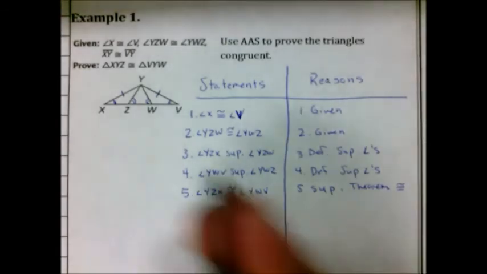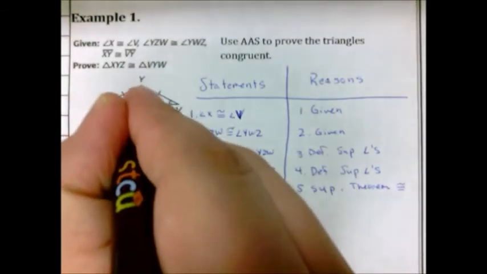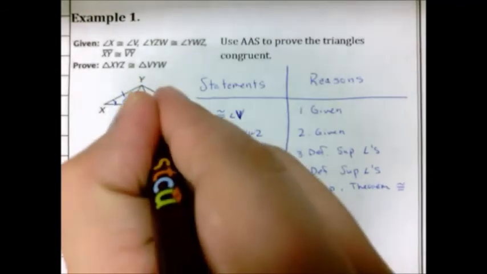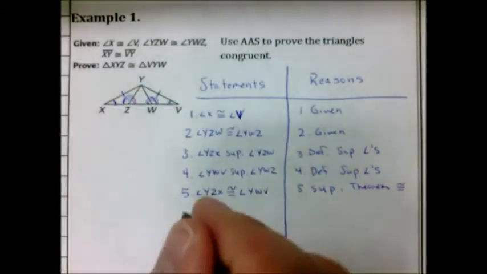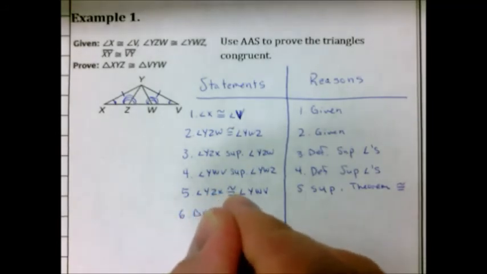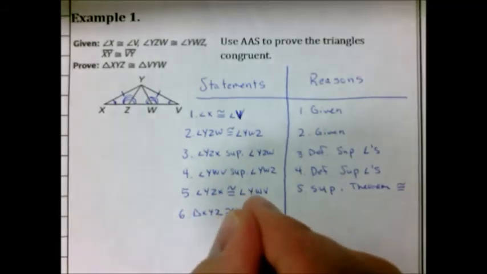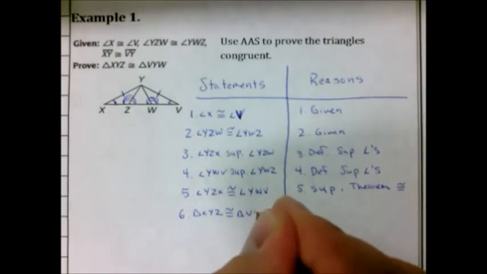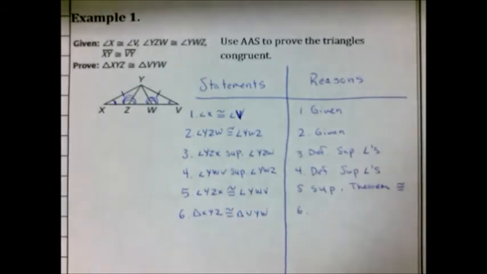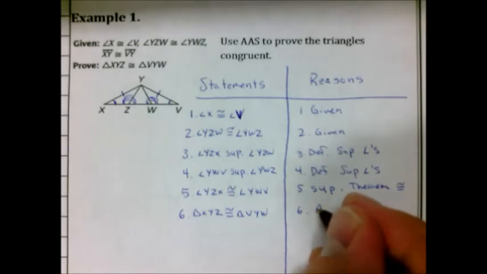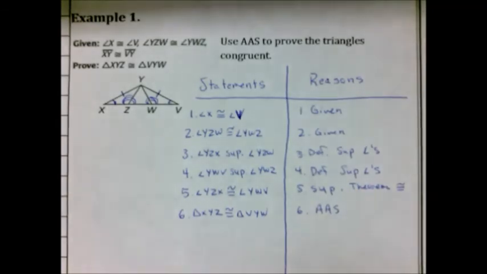Alright, so now what we've just said is that those angles are congruent, and based on that information we can say that triangle XYZ is congruent to triangle VYW based on angle-angle-side.